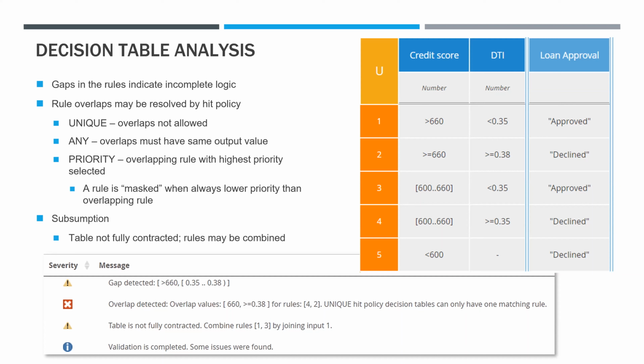There's a gap in the rules for credit score greater than 660 and DTI greater than or equal to 35% and less than 38%. Rules 4 and 2 overlap, but hit policy U, or unique, does not allow for overlap, so this is an error. And the table is not fully contracted since rules 1 and 3 could be combined into a single rule.